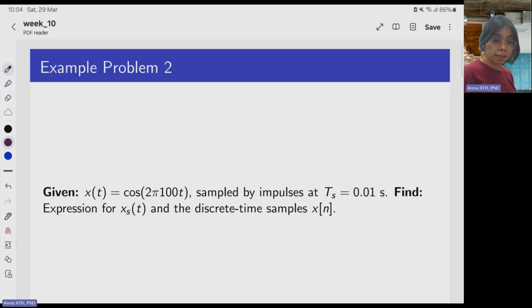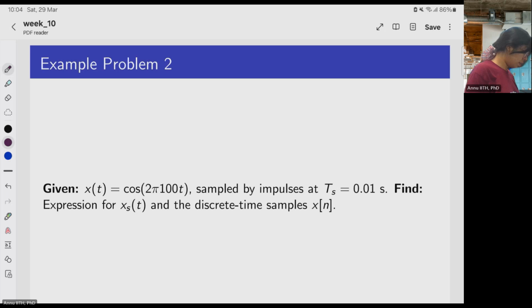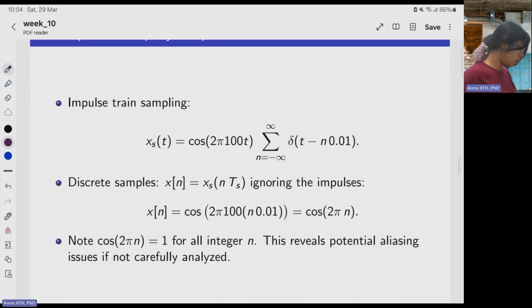So how will this x[n] look? So this is what impulse train sampling is. And if we multiply and get the signals, x[n] is nothing but x of nTs. Simply multiplying with nTs will also give it, ignoring the impulses.